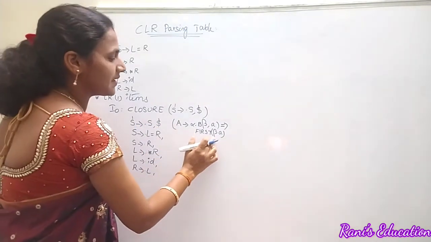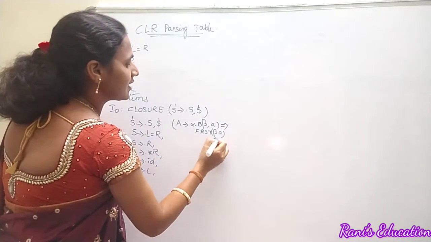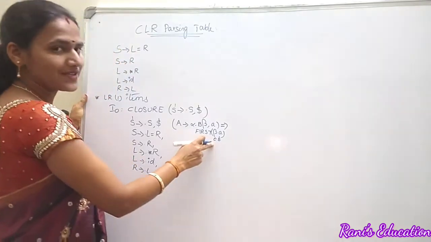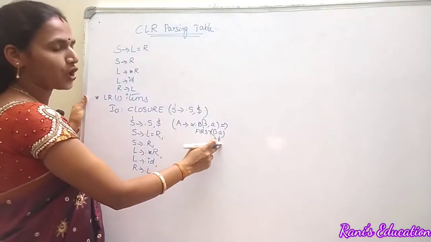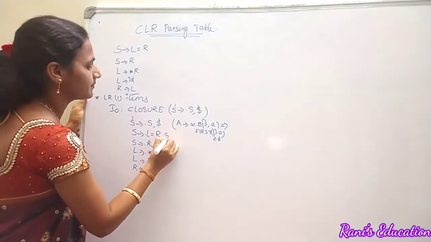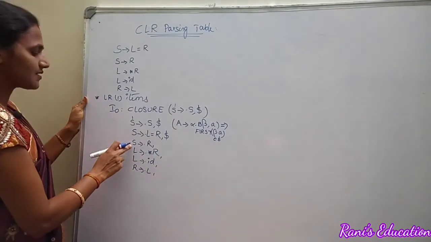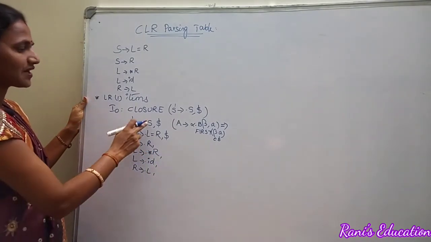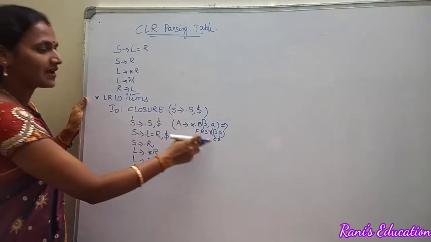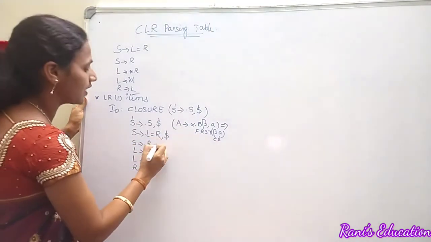So what is first of beta a? Beta is epsilon, a is dollar, so first of dollar is dollar only. The third production is also written with respect to the first production, so we will get the lookahead as dollar only.